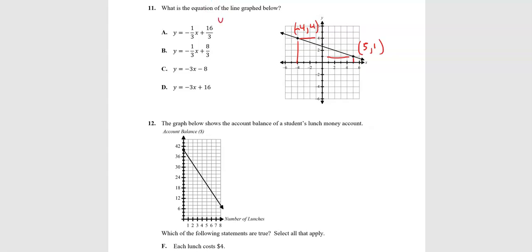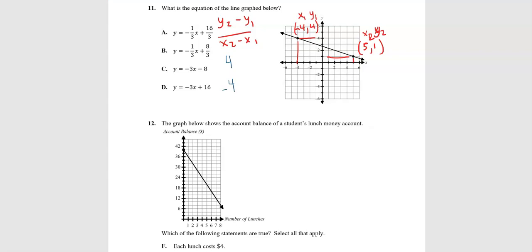Now I can use the slope formula, y2 minus y1 over x2 minus x1. It does not matter which point you make x1, y1, or x2, y2, as long as you are staying consistent. You want to make sure that if I take the y from one point, the x from that same point ends up being right underneath it.